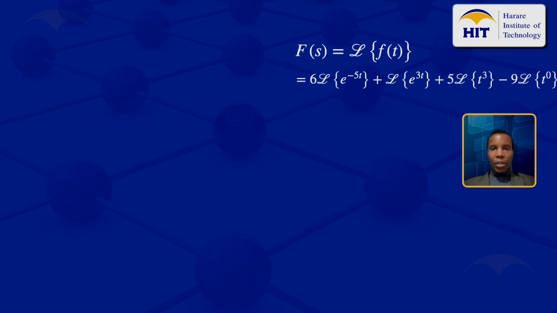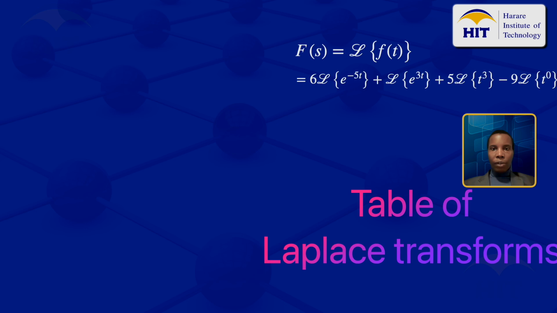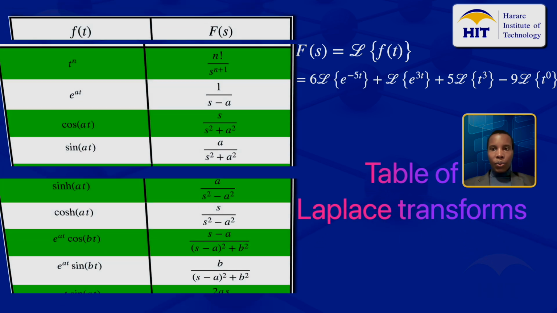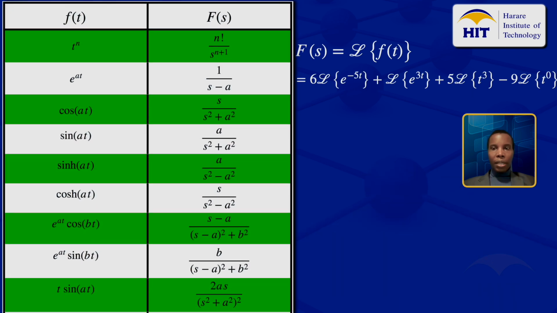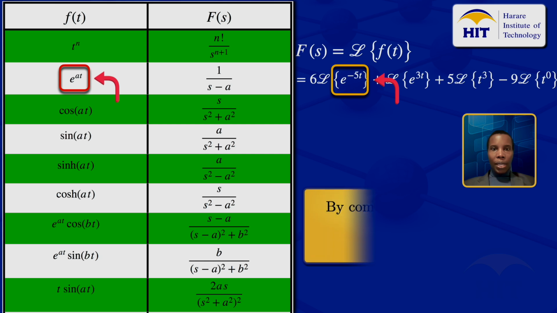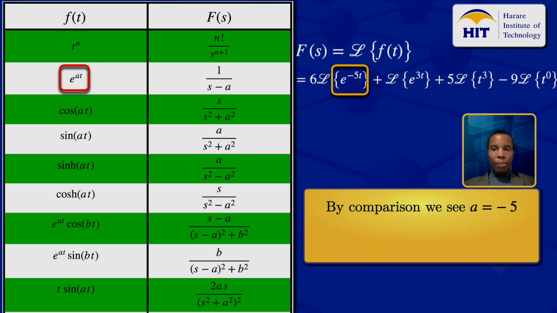And then we go on and look at the table of Laplace transforms. So this is the table that we are having, and I'll start by looking at this part here, exponent of minus 5t. In the column where we have f of t, we look for a function which is similar to the one that I've highlighted, and we see that it is of this form, exponent of at. By comparison of the two highlighted functions, we see that our a is equal to minus 5.